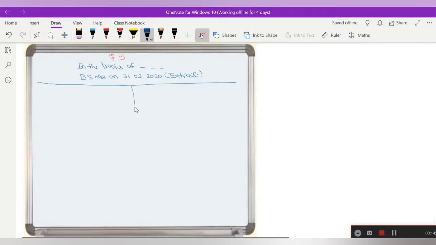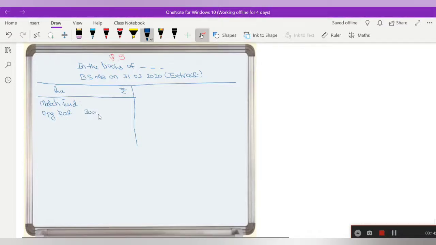See, on the liability side of your balance sheet, we have to show match fund. Opening balance is rupees 30,000, right?